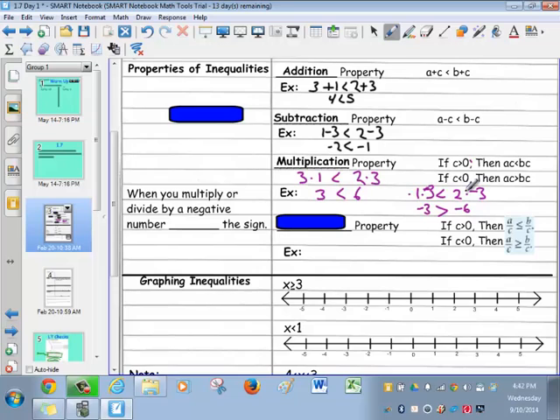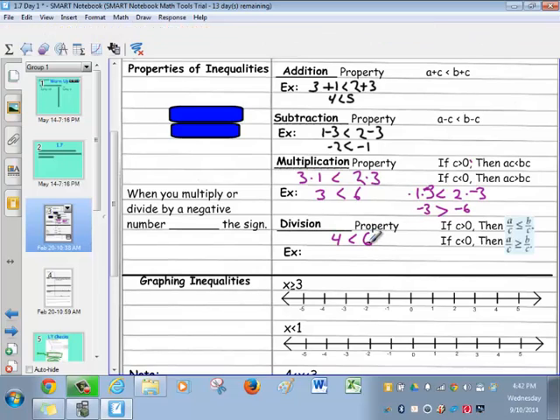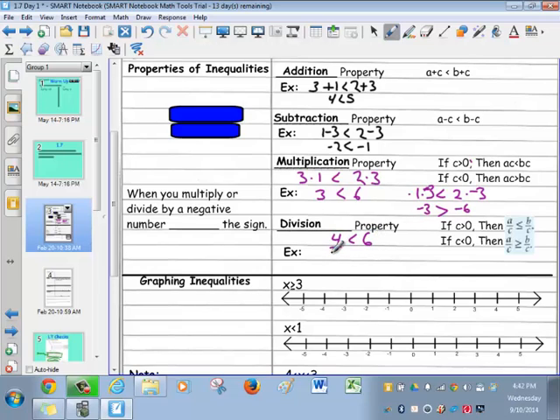That same idea goes along with the division property. I might have to change it up for this one a little bit. Let's just say, how about 4? We know that 4 is less than 6, right? Now let's divide both sides by 2. Is the outcome still less on the left than on the right?